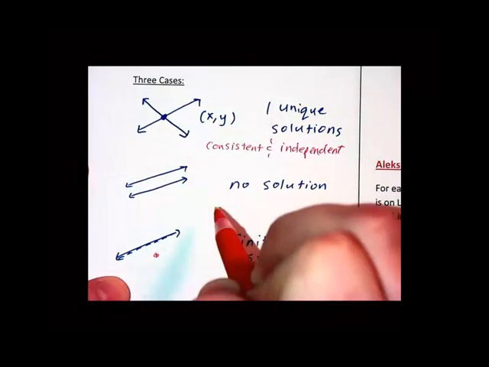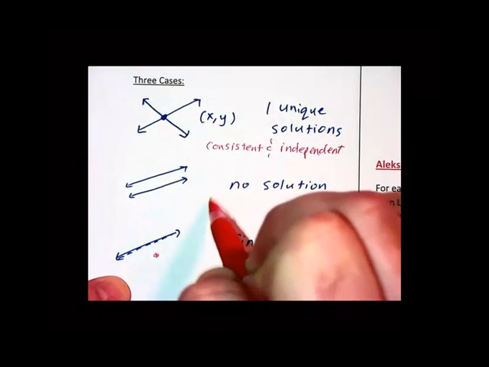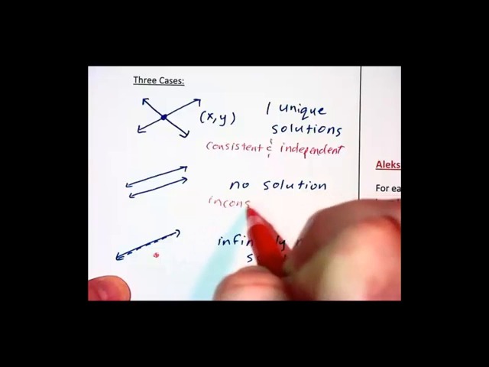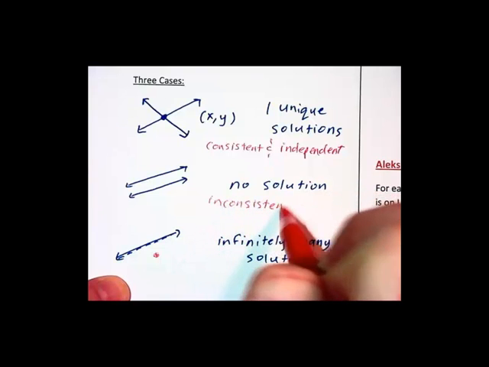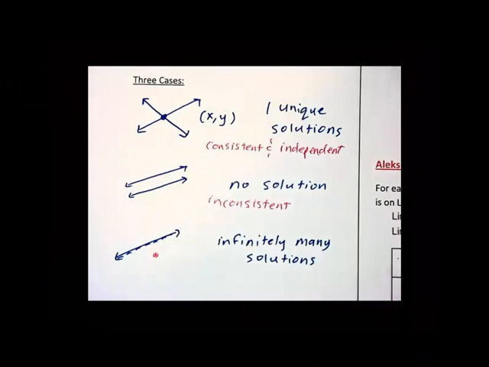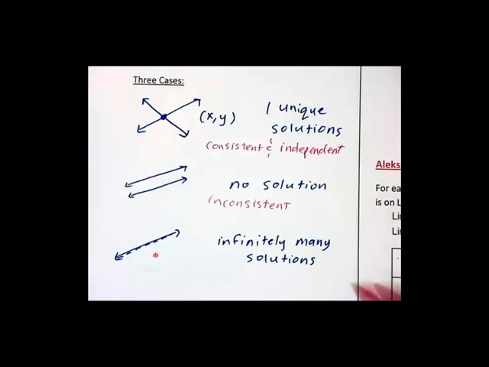In this second case with parallel lines, we say that the system is inconsistent, meaning there is not a solution to this system, and technically the two lines are independent, but we don't usually say inconsistent and independent. Usually inconsistent is enough.